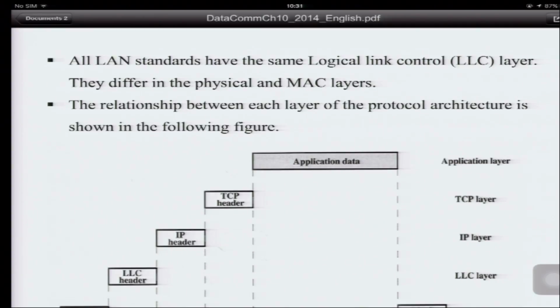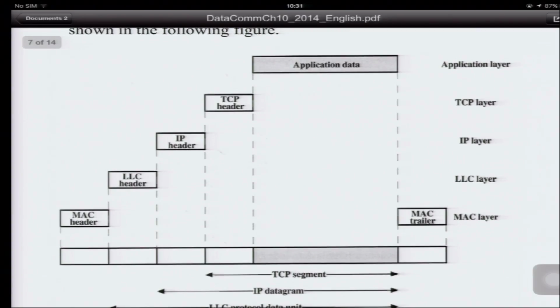Now let's look at the relationship between each layer of the protocol architecture. If we use the TCP/IP protocol, from the application layer we add the TCP header, and we call this a TCP segment.